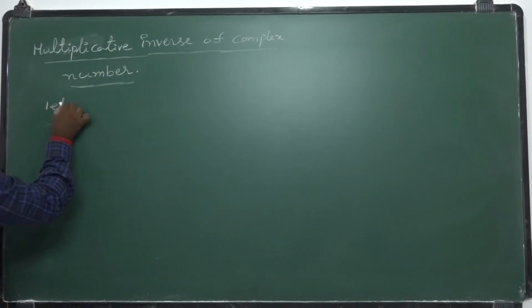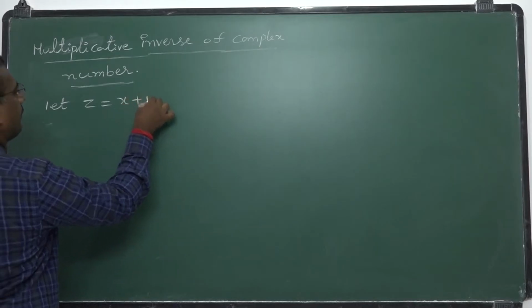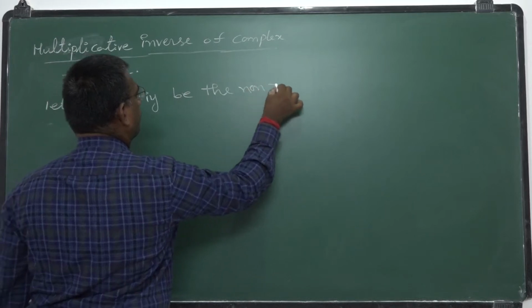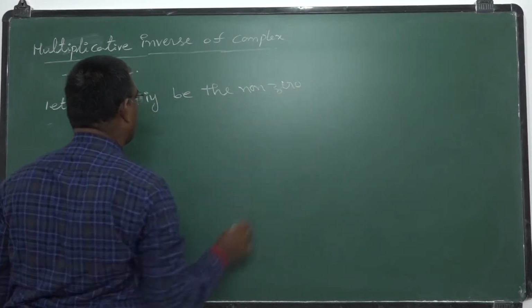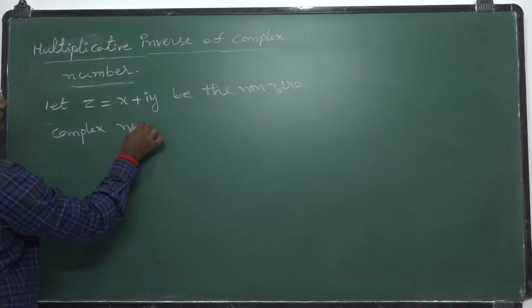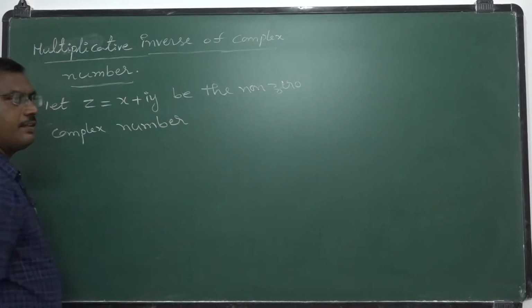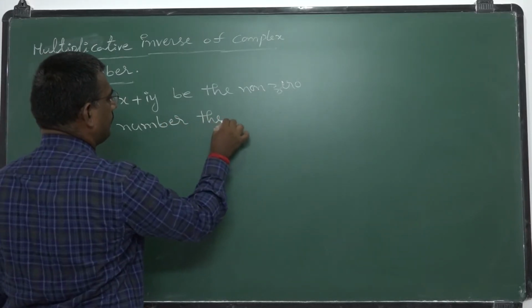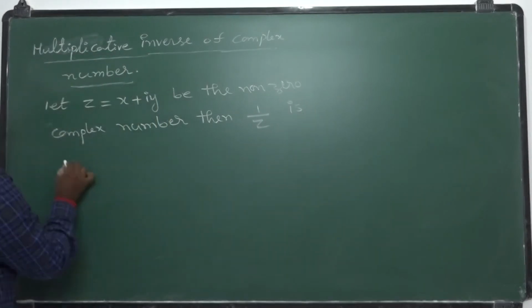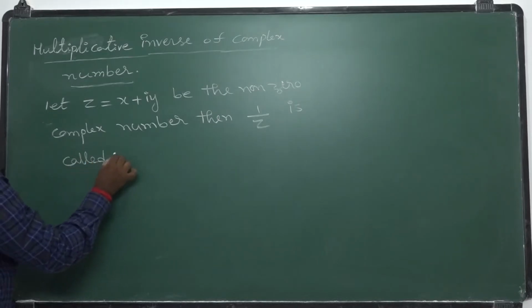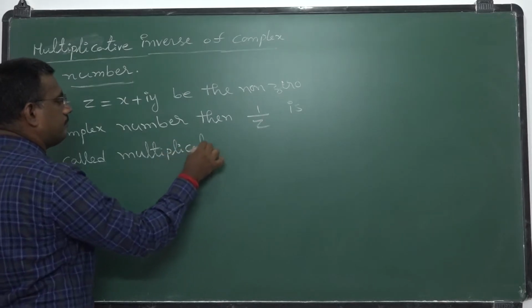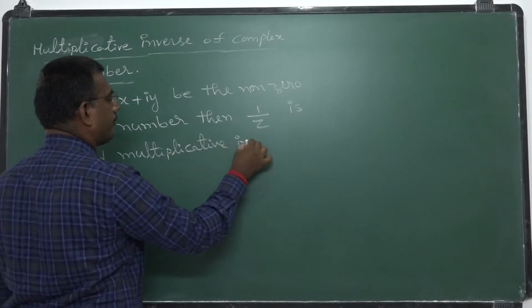Let z equal to x plus iy be the non-zero complex number, then 1 by z is called multiplicative inverse of z.